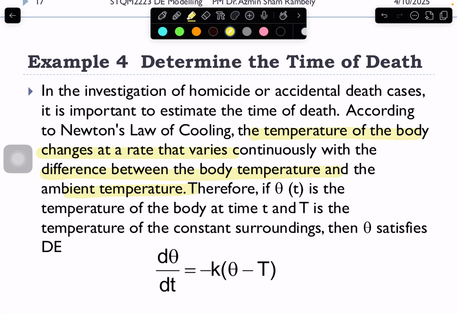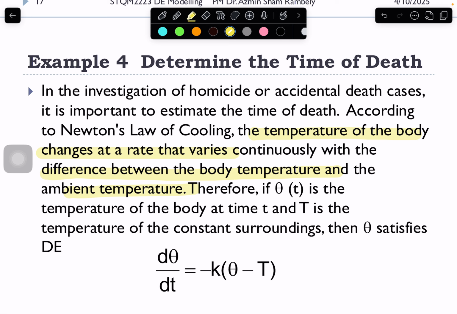So your function you can use as T. Oh no, I'm not using T because I'm using the ambient temperature as well. So I'm using a different variable. You can use any variable, you can use Y if you want to. So in this case, we are using theta. Theta is the temperature of the body at any time t, and big T is the ambient temperature.